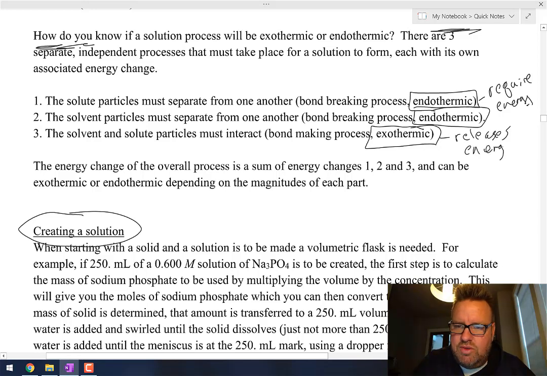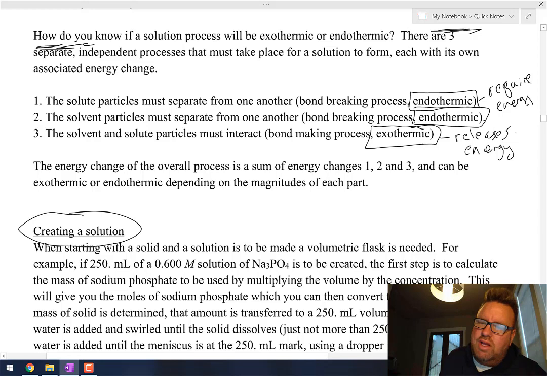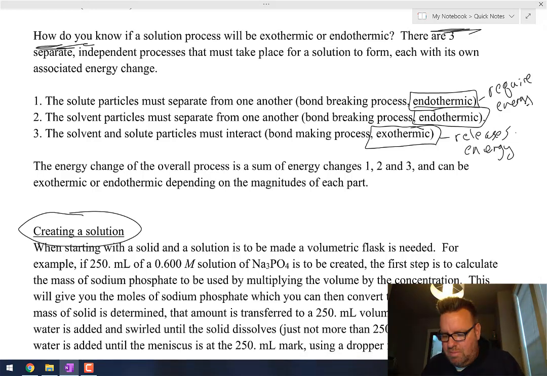Sometimes when you dissolve things, that process overall will require energy because the two steps that require energy are greater than the one step that releases energy. Sometimes when you dissolve things in water, or mix two things together, it releases energy. It will actually feel hot.